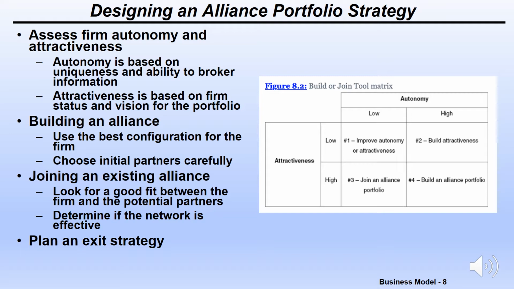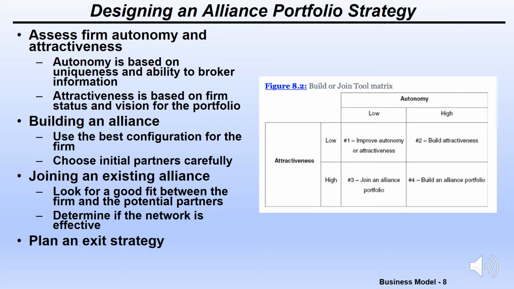That's the network effectiveness that it's important to determine. Does this alliance portfolio that I'm allying myself with work well together, or is it kind of dysfunctional? If it's dysfunctional, then as an alliance portfolio, it probably wouldn't be a good bet.